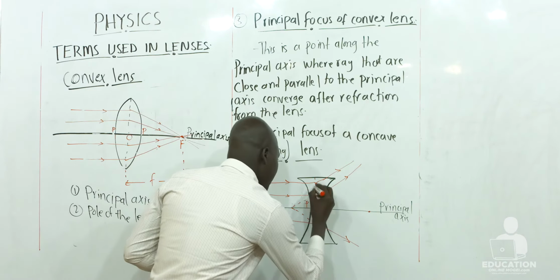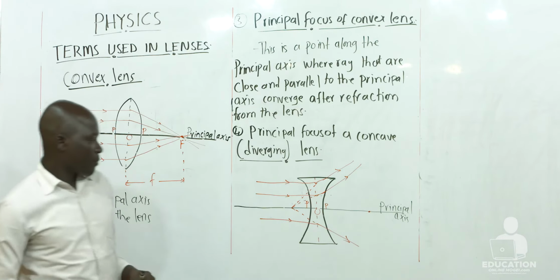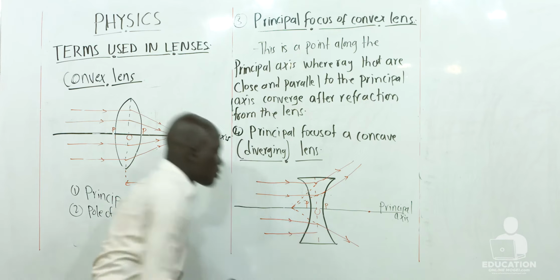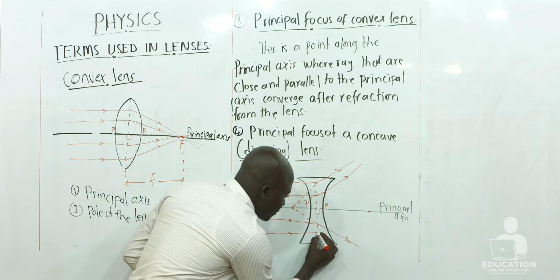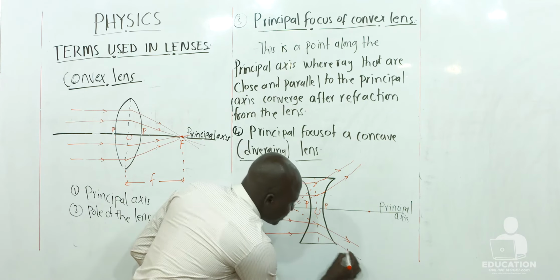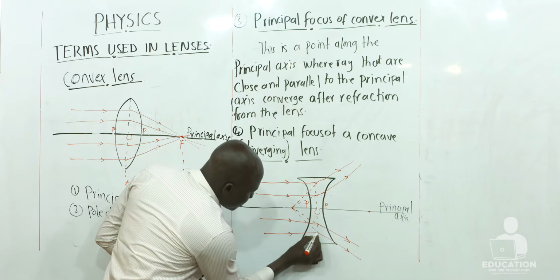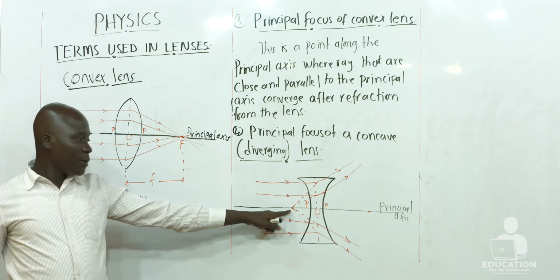If we have another ray that is still parallel and close to the principal axis, after touching the lens, it will also be refracted in that direction, but it will appear to be coming from a certain point along the principal axis.